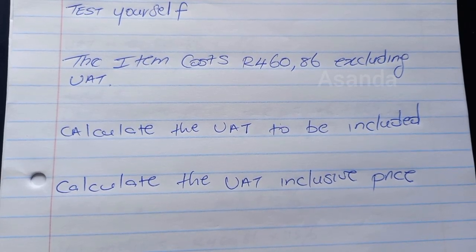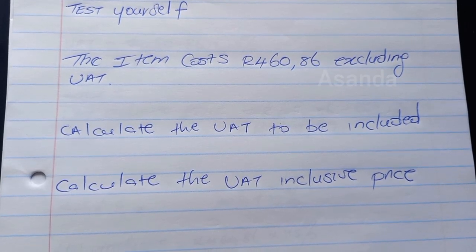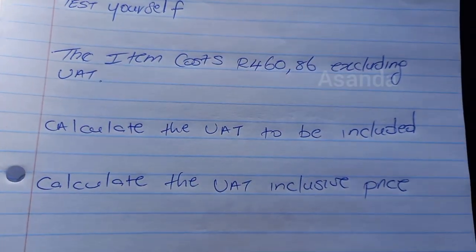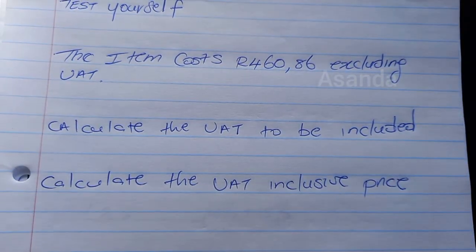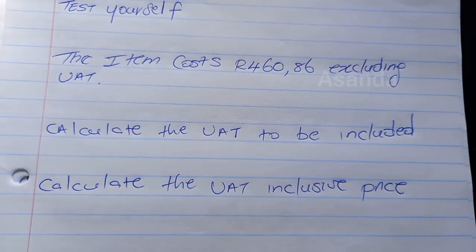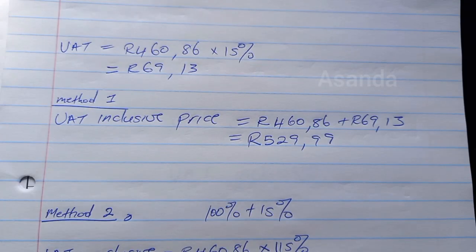When you are finding VAT and you're going to multiply by 15%, you always multiply the money that does not include VAT, which is called VAT excluding price. All right, so we're going to do the calculations. All right, so pause, do the calculations, and then check your answers.